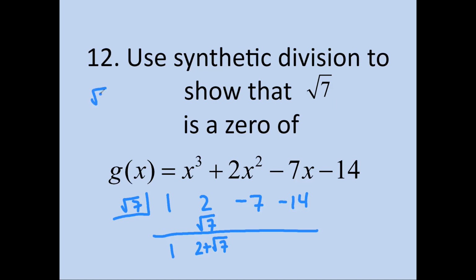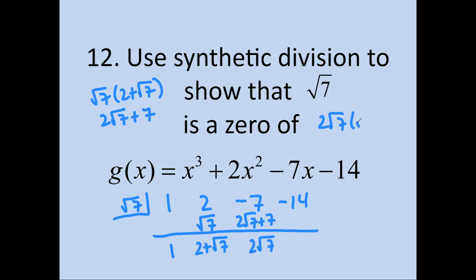If I take root 7 times 2 plus root 7, that's going to be 2 root 7 plus root 7 times root 7, which is 7. So I'm going to have 2 root 7 plus 7. The 7 is going to cancel. I get 2 root 7. So now I'm going to have 2 root 7 times root 7, which is going to be 2 times 7 or 14. And then I get a 0. So it is a 0.